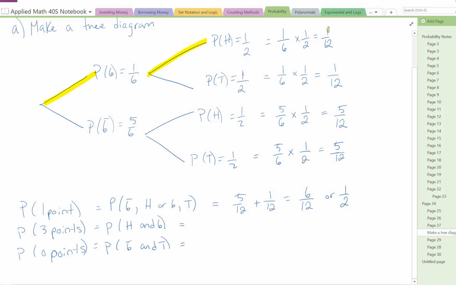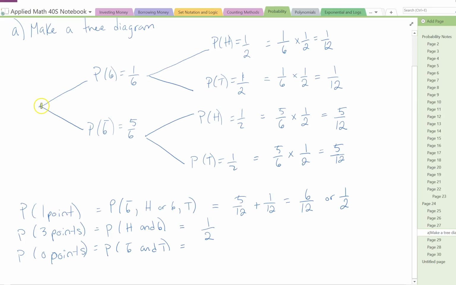The only solution for that would be this 1 over 12. If we look at 0 points, landing on any number other than 6, and then tails, there would be only one solution for that too, and that would be 5 out of 12. So that's the solution for A. We figured out the probabilities of getting 1 point, 3 points, or 0 points playing this game.